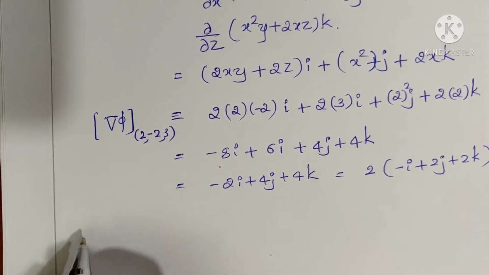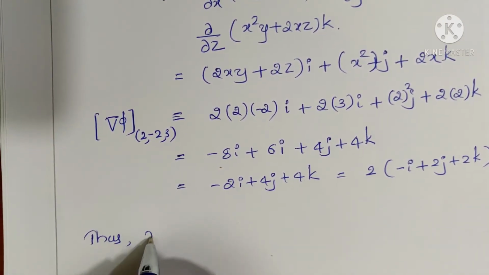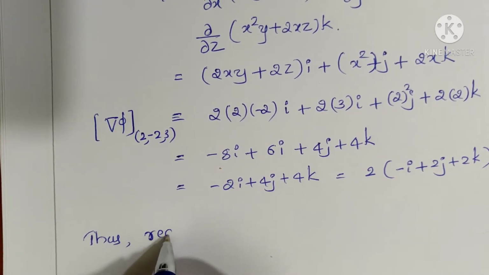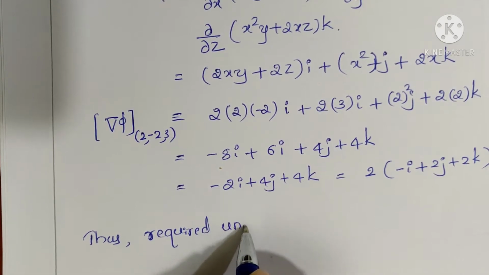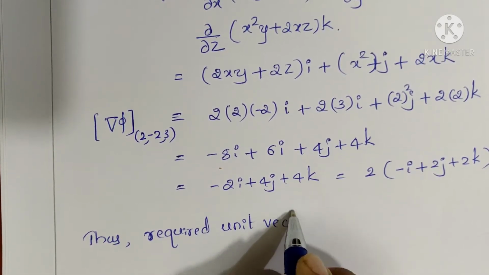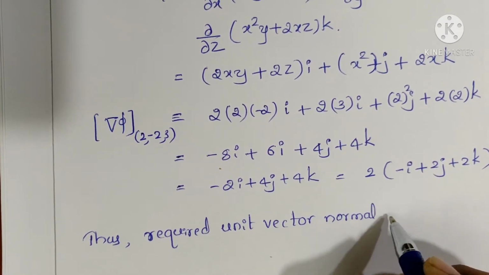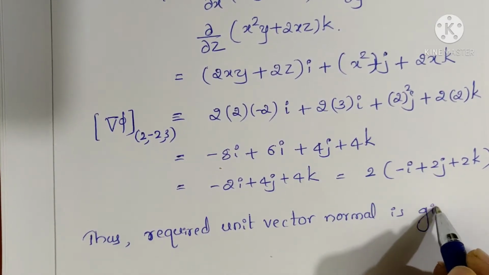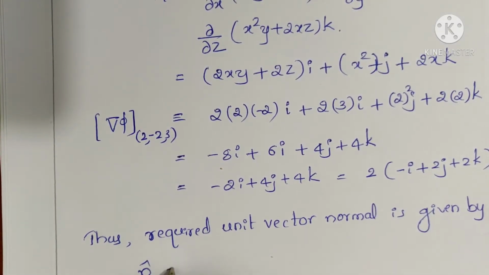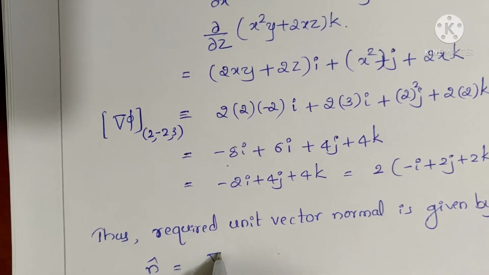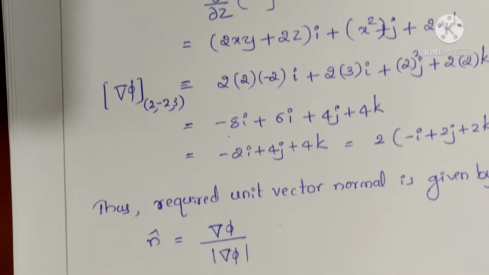Thus the required unit vector normal is given by n cap is equal to del phi whole divided by magnitude of del phi.